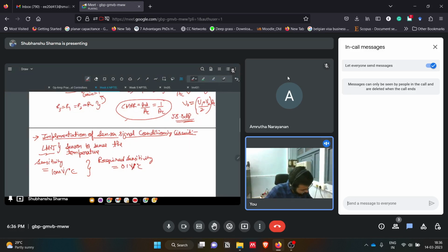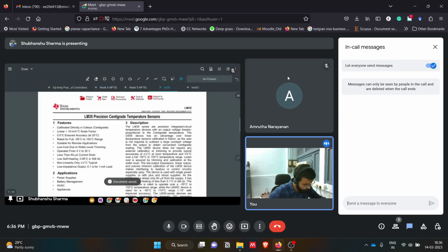So we have to bridge this gap. We can see the datasheet of LM35 also. Here it is given, see the scale factor. For each 1 degree Celsius change, we have 10 millivolts of change at the output.